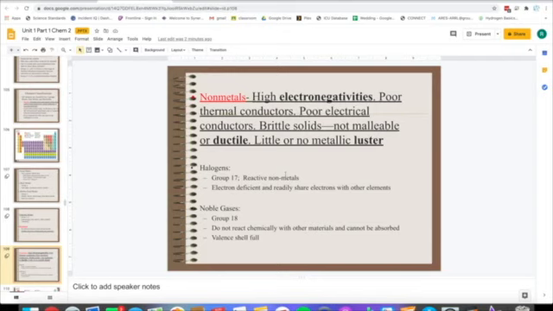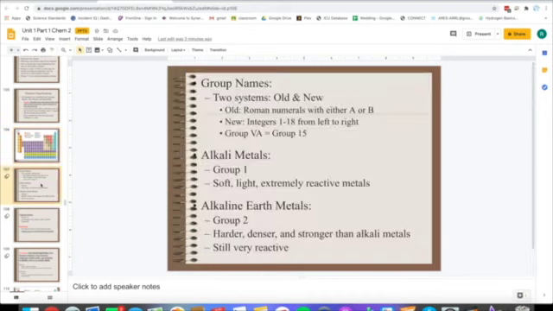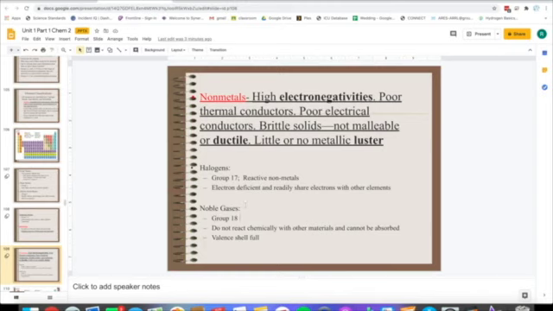Okay, the different types we have are first the halogens, which is group 17. This one right here: fluorine, chlorine, bromine, iodine, and astatine. And then you have your noble gases.